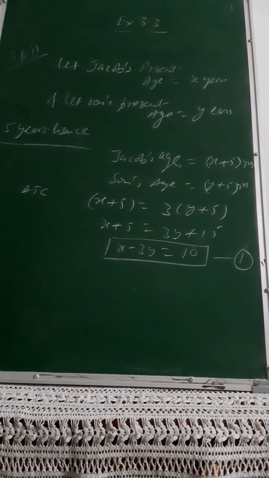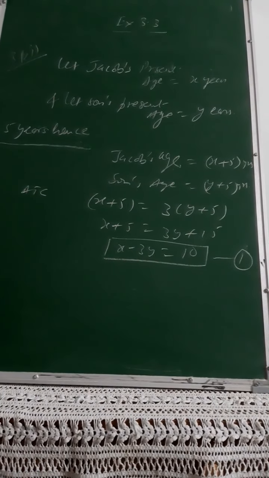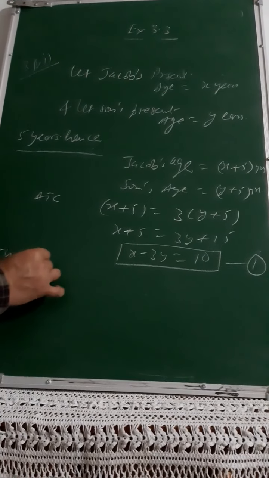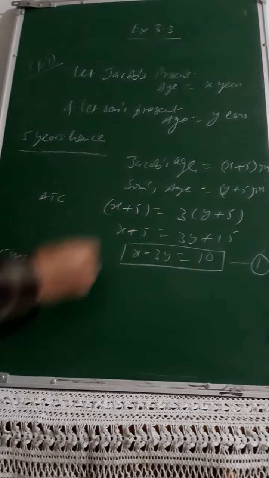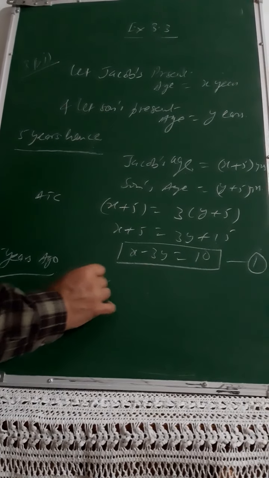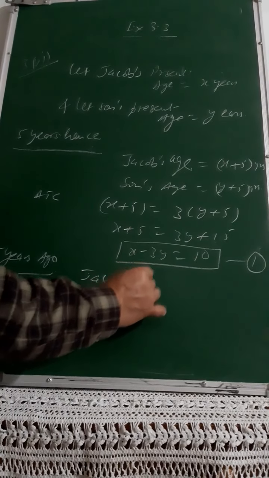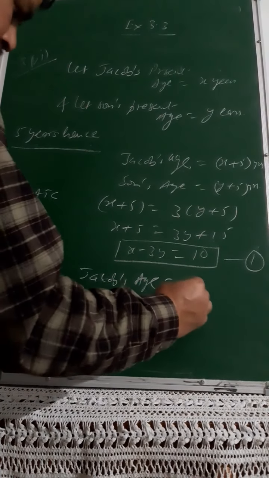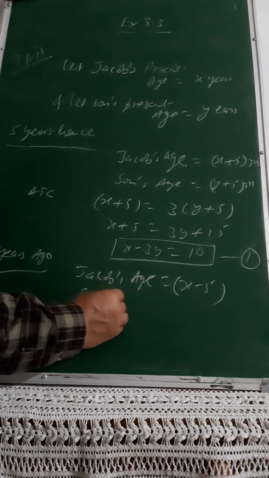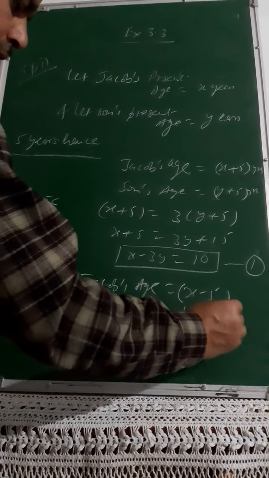And then the second condition is 5 years ago. You need to apply that for both. Jacob's age will be x minus 5, and the son's age will be y minus 5.